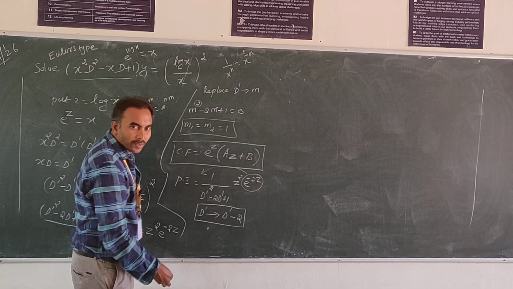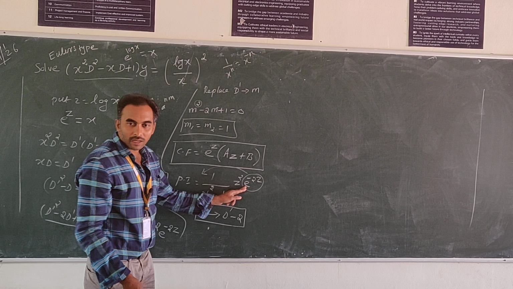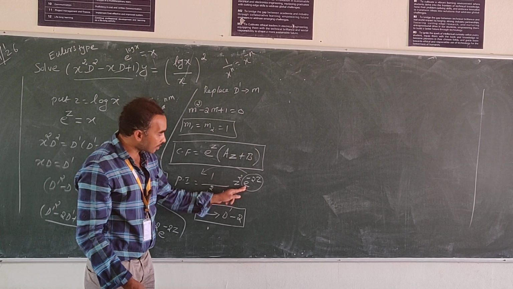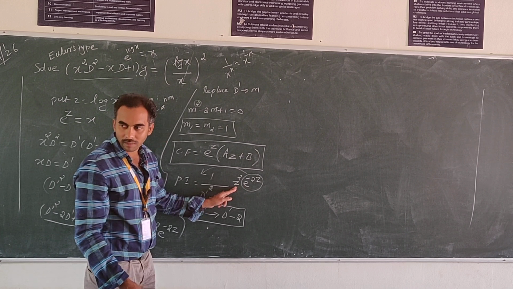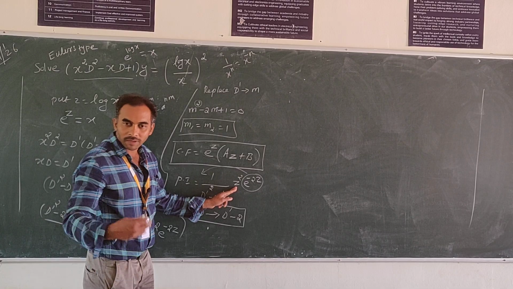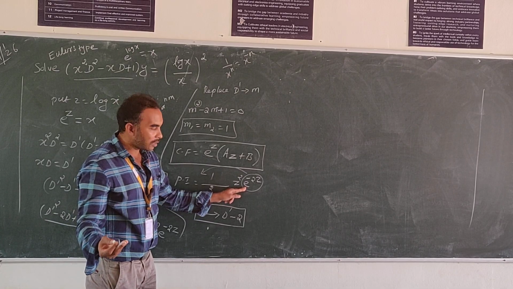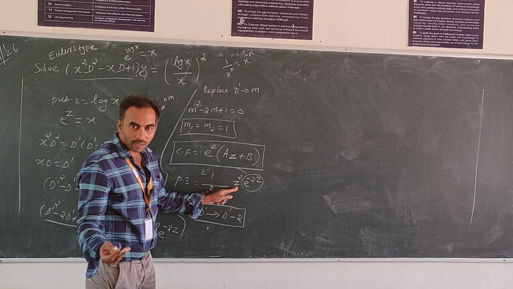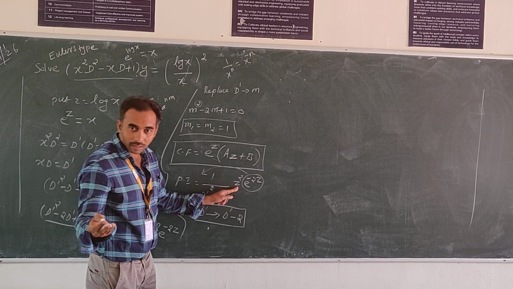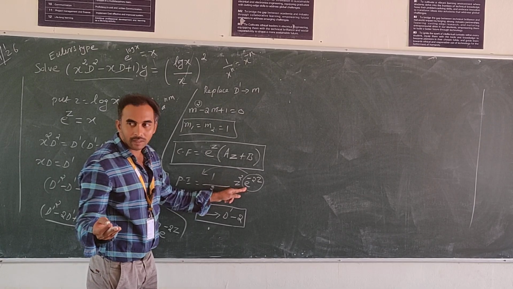Why? Because e^(−2z) is combined with another function. In previous problems we have seen only one function, either z² or e^(az) or e^(ax).